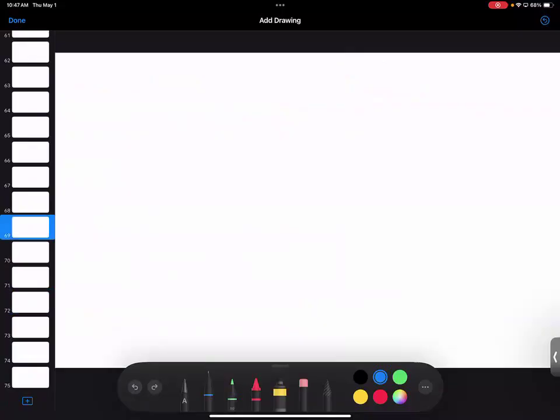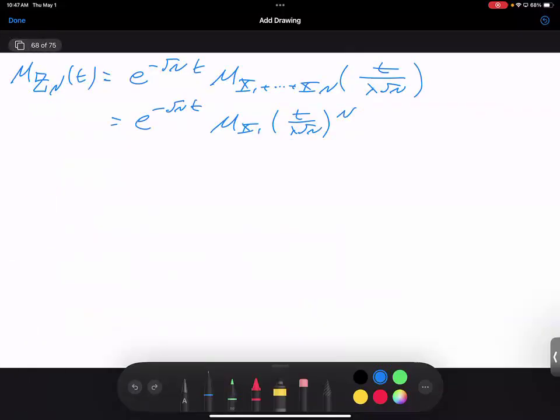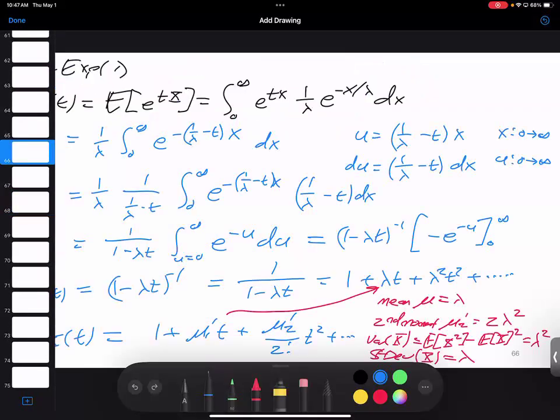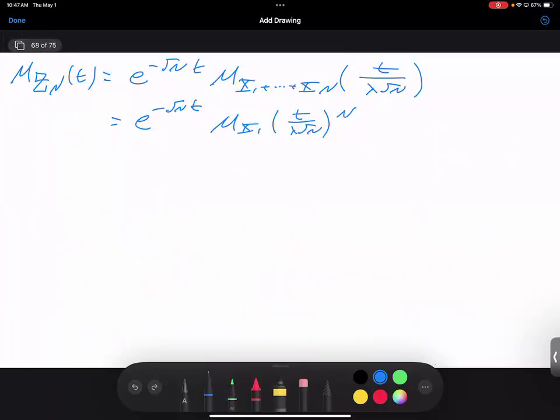All right, so now what is the moment generating function of an exponential with parameter lambda? Well, fortunately, we just calculated that. Right? Its moment generating function was 1 minus lambda t, inverse. So the moment generating function of x1 of t is just equal to 1 minus lambda t inverse.